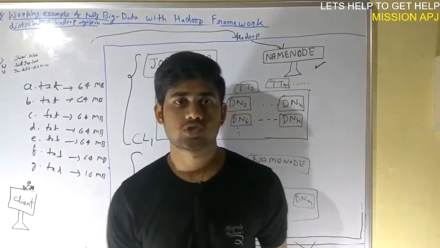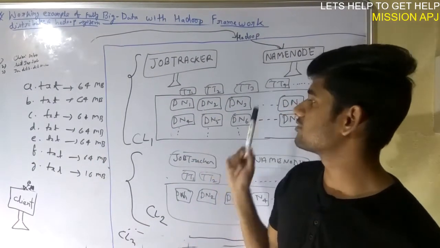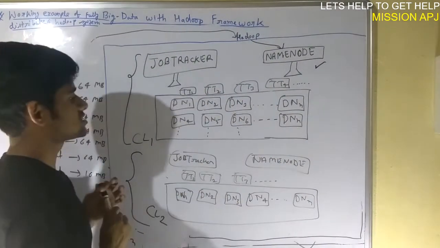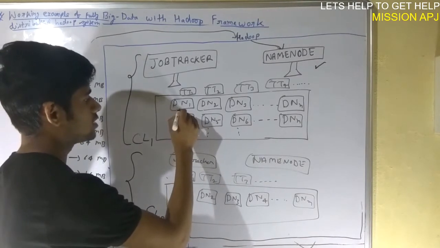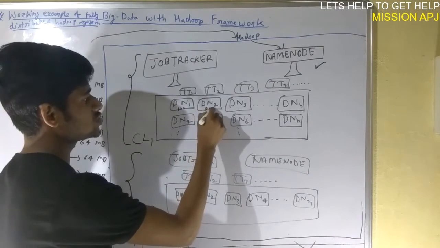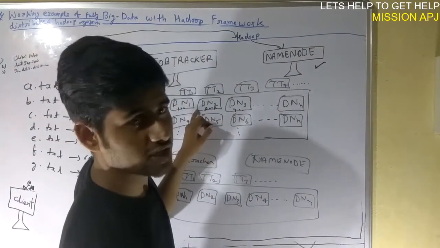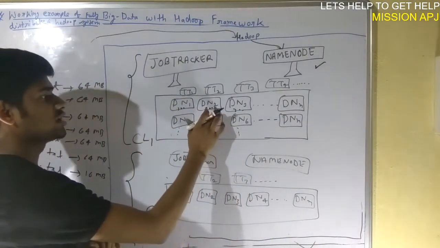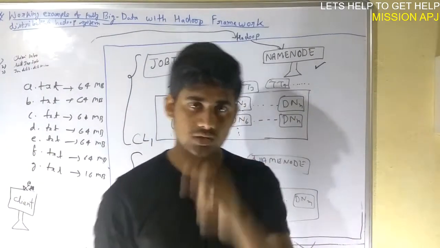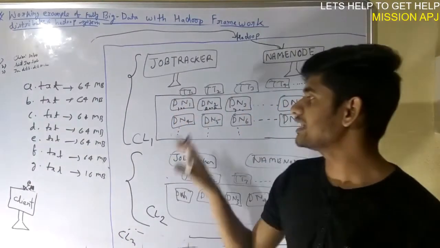So we should store that 400 MB of data in different data nodes, because not all data nodes are empty. Suppose this one has 100 MB of empty space, this has 200 MB, and this has 300 MB. So 100 MB will be stored here, 200 MB here, and 300 MB here. So all these files are not going to be stored in a single data node.